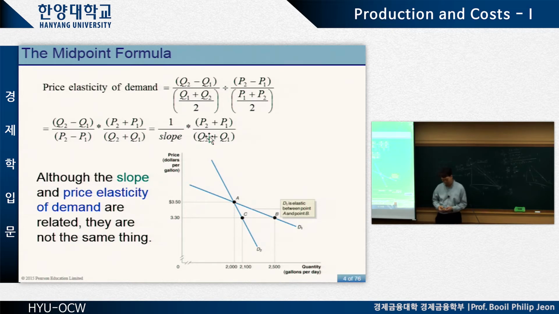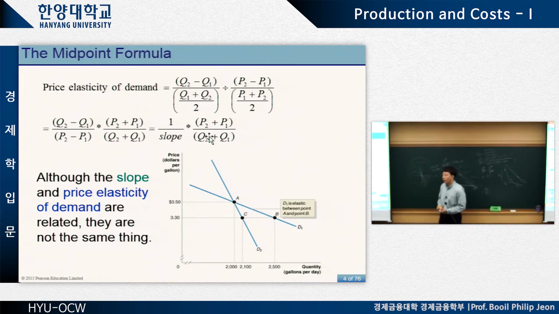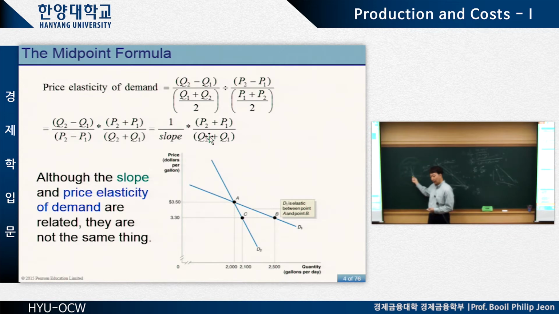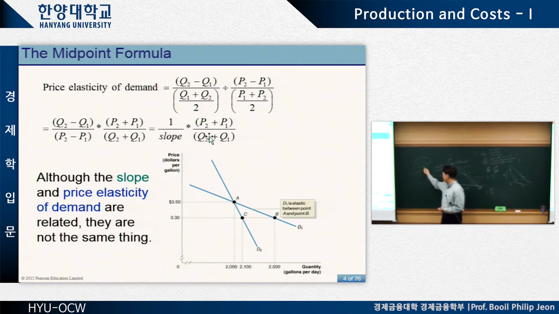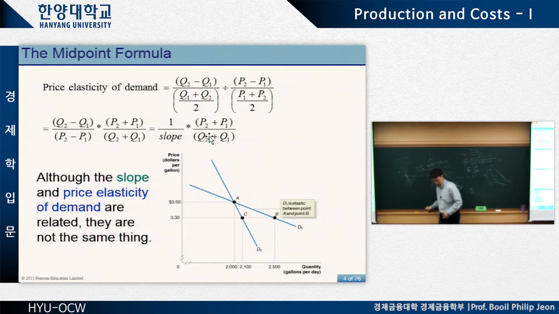Okay? So this is not entirely correct. This is true only at this one point. Because at any point on this single demand curve, elasticity is different. Okay? Make sure you understand the concept exactly.